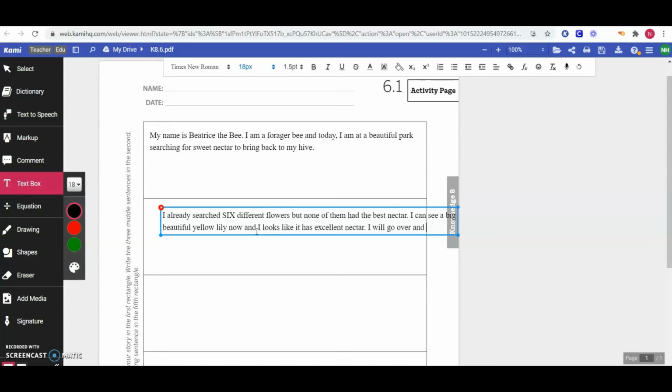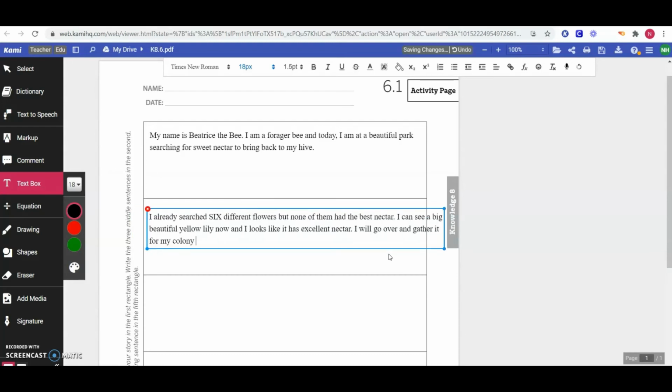I will go over and gather it for my colony. We'll call it the colony. That's what I said happened at the beginning.